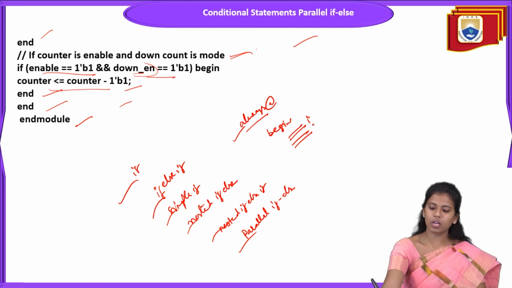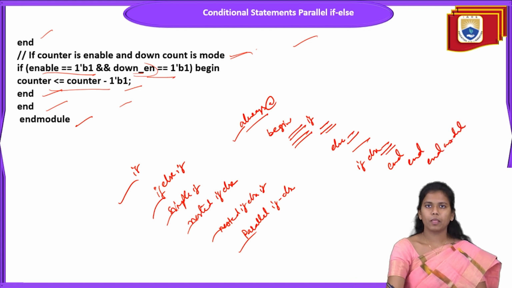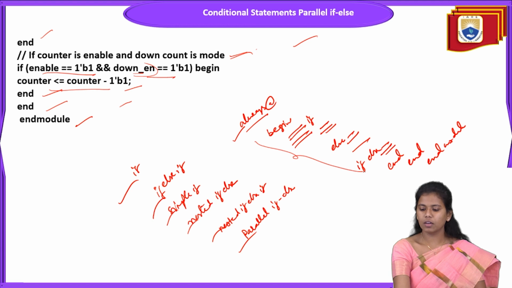In the statements, you will come across if followed with the statements, and else followed with if else statements, and followed with end module. This is how the syntax should be written when it comes to the conditional statements.